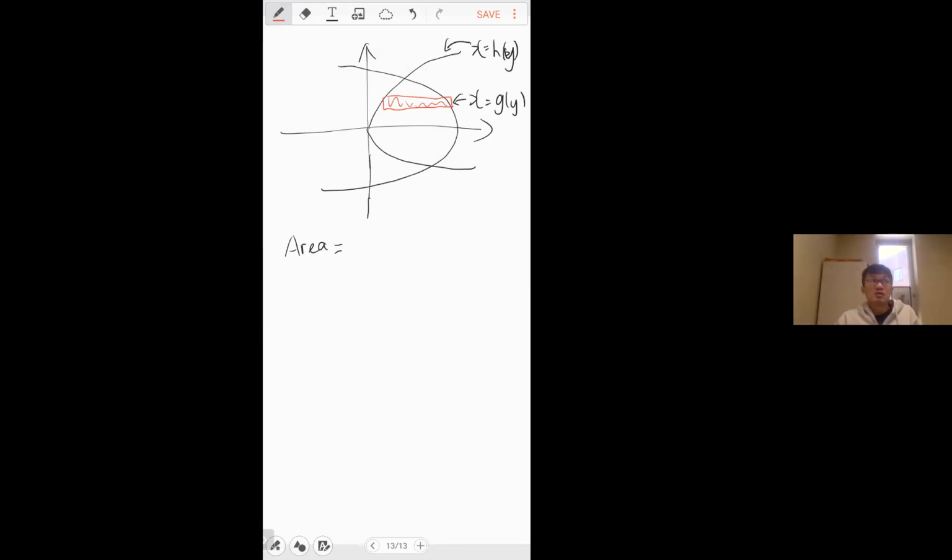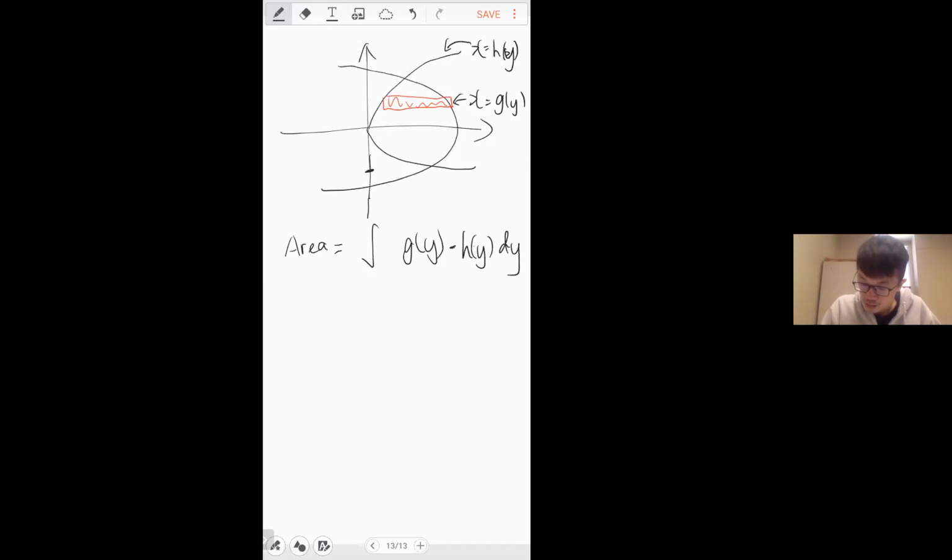So for horizontal, you would do the right function minus the left function. So in this case, you would do g of y minus h of y. And then the integral will be in terms of the variable y.